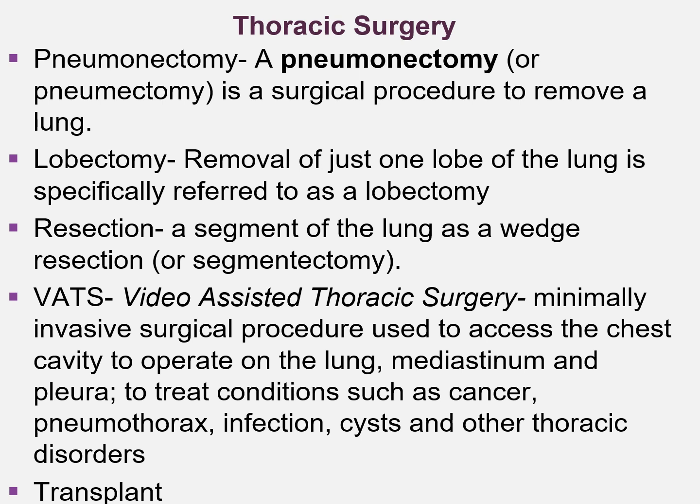Video-assisted thoracic surgery is a minimally invasive surgical procedure that is used to access the chest cavity and operate on the lung, the mediastinum, and the pleura, and it helps treat conditions such as cancer, pneumothoraxes, infection, cysts, and other thoracic disorders. The patient may also be a candidate for a lung transplant.